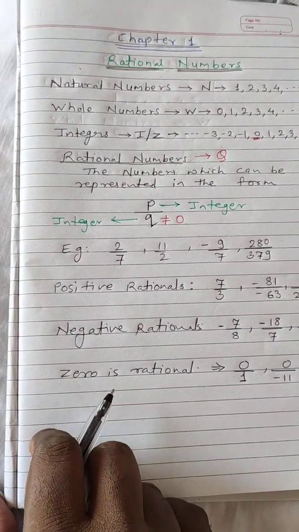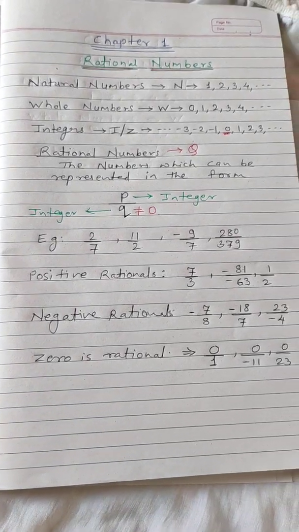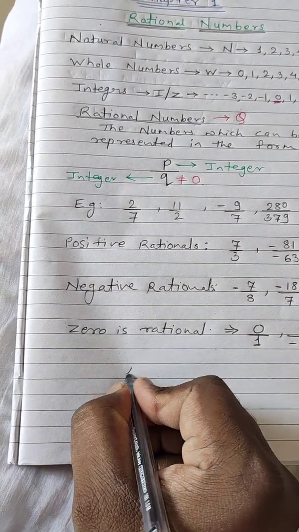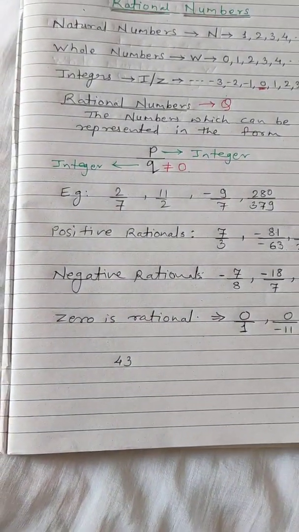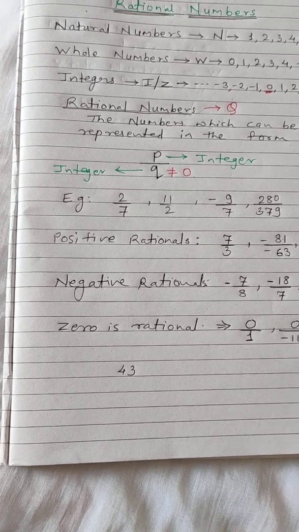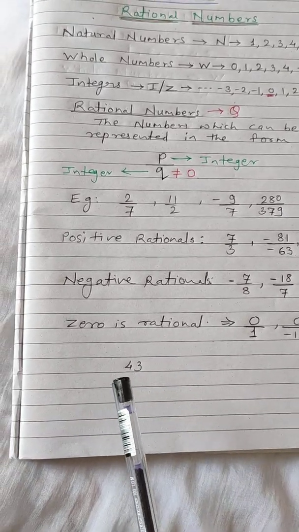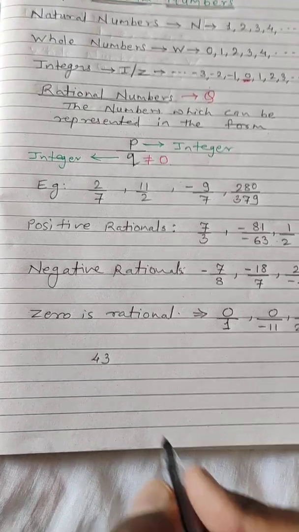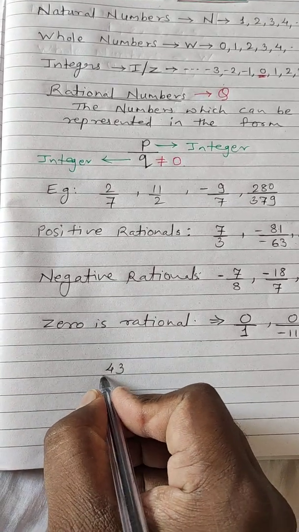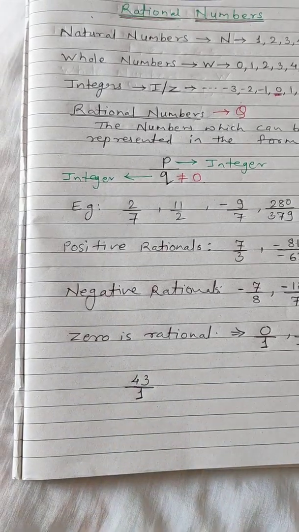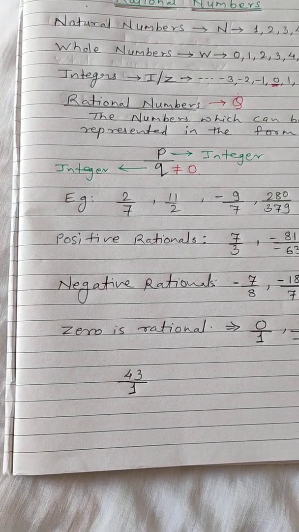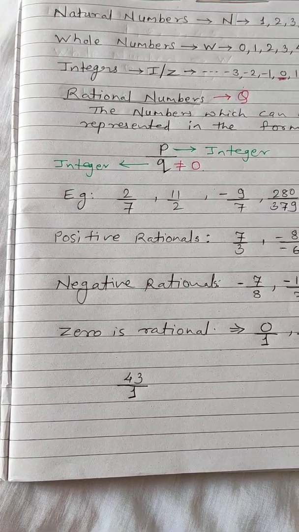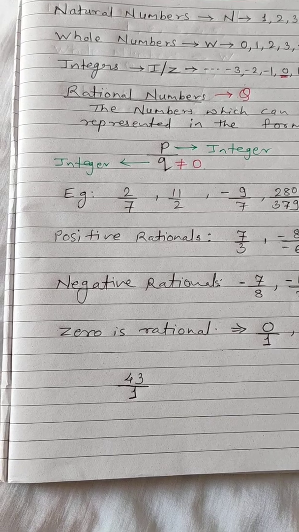Next, after this 0, now students, if I am writing 43, which type of number is this? We can say it is a natural number, we can say it is a whole number, or we can also say it is a positive integer. If nothing is there in the denominator, can we say 1 is there as a denominator? Right? That means if we write any natural number, its denominator is 1.